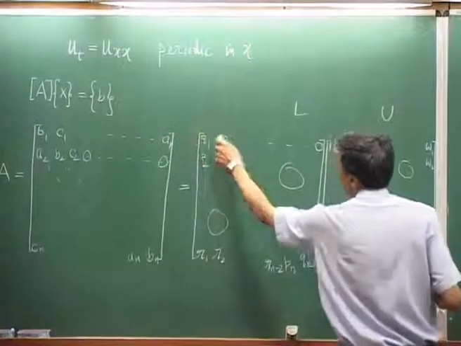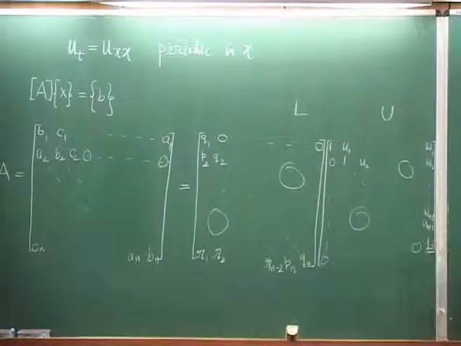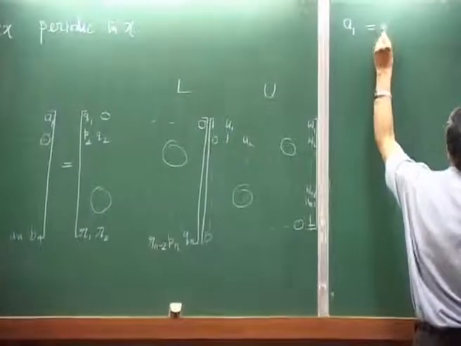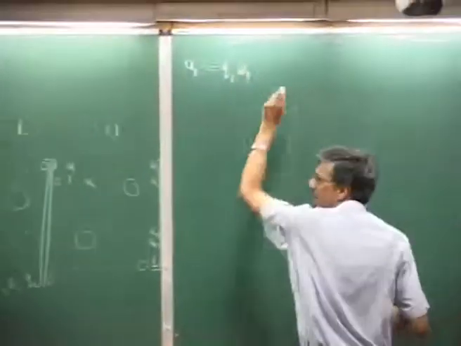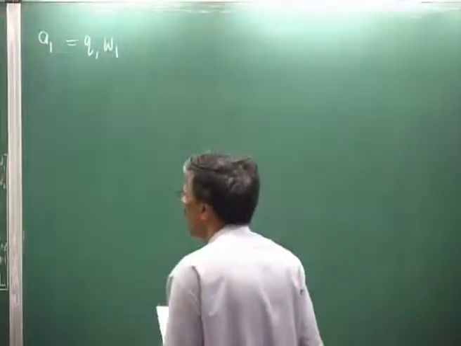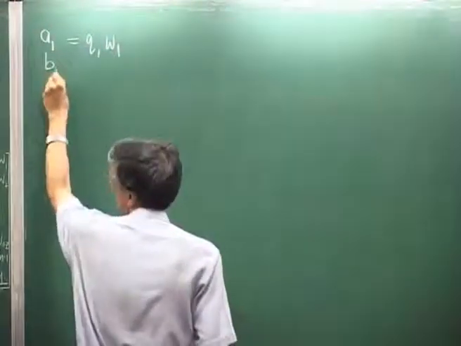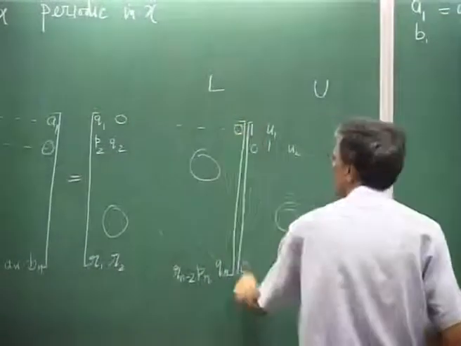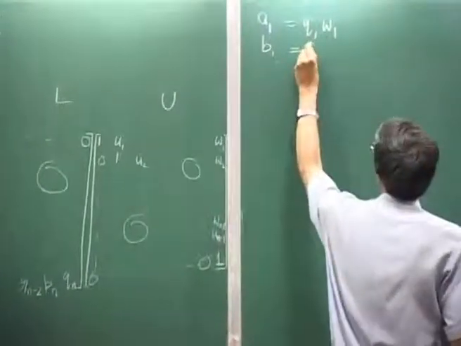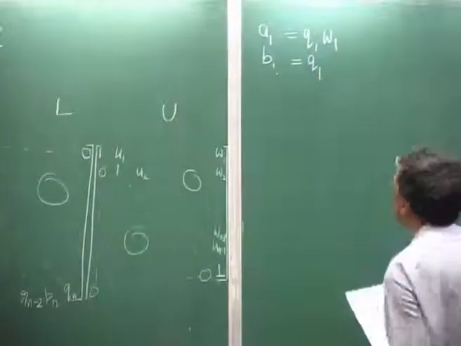I should multiply this with the last column here, and that would give me Q 1 W 1, right. So, that is easily seen. How about B 1? B 1 I should be multiplying this with the first column here, and that would be simply equal to Q 1.